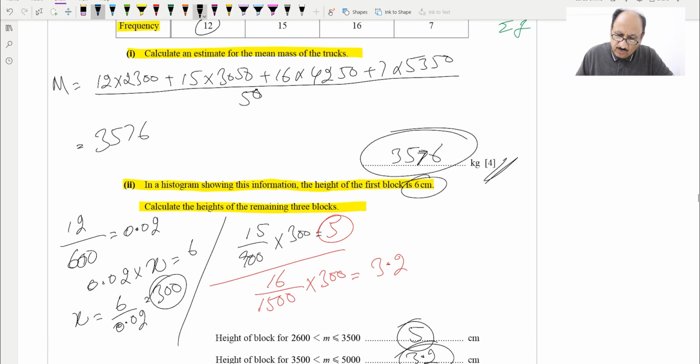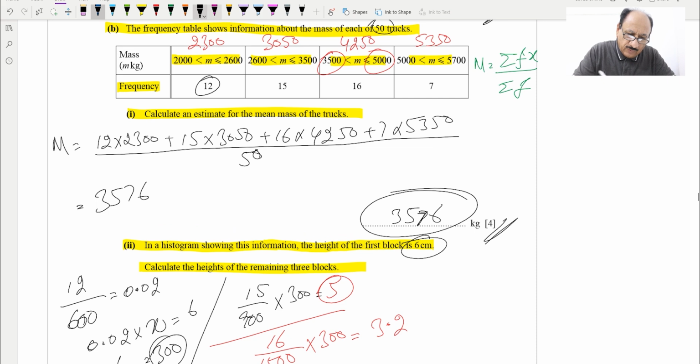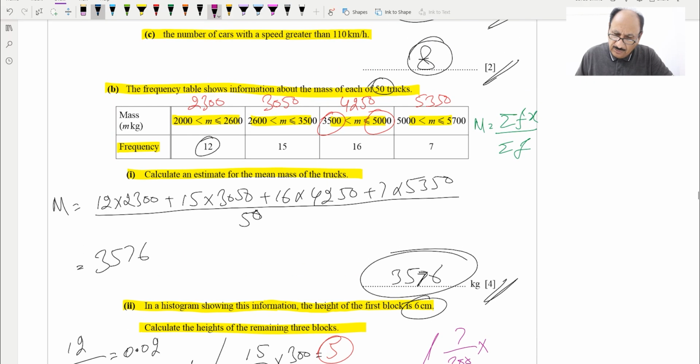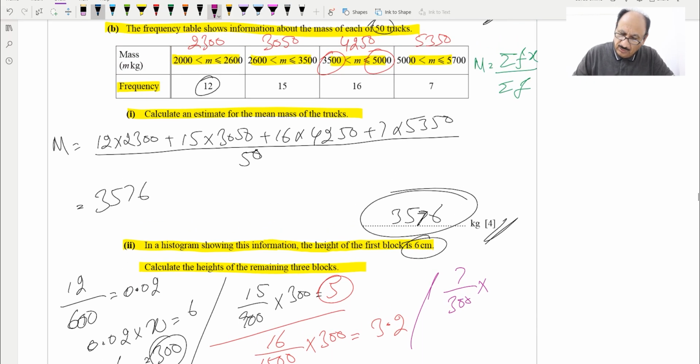And for the last one, we can calculate 7 over the class width, which will be 5500 minus 4800, so this will be 700. So this will be divided by 700, and this will be multiplied by 300.